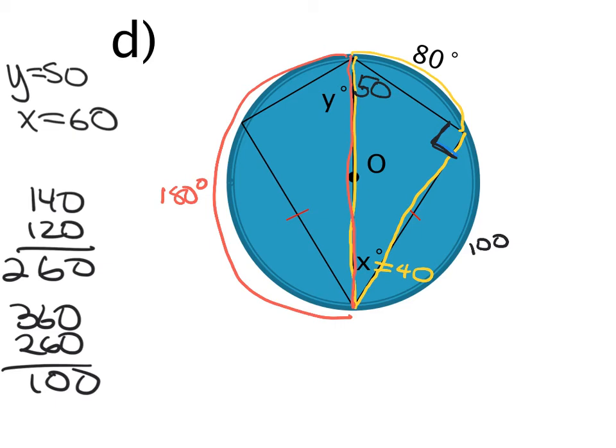And then same scenario here, when you have congruent chords, you have congruent arcs. So then here, this would be 100. So then this would be 50 degrees. So y is 50.